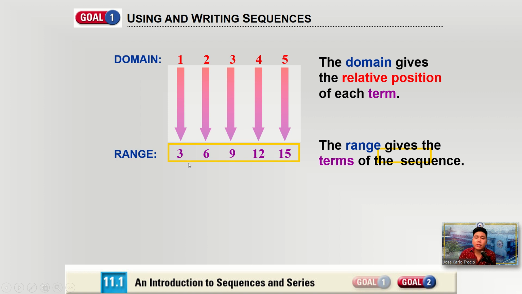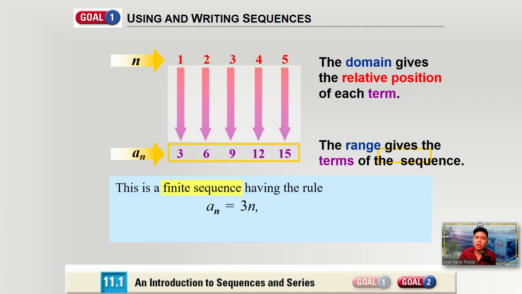So substitute 1 and you get 3. Substitute 2 into the equation, that becomes 6. So what is the equation, by the way? The equation is obviously 3 times n. Because when you substitute 1, 3 times 1, that is 3. 3 times 2, that is 6. 3 times 3, 9, and so on.